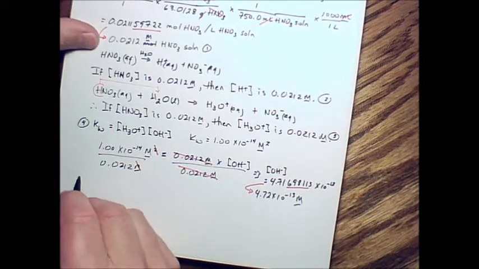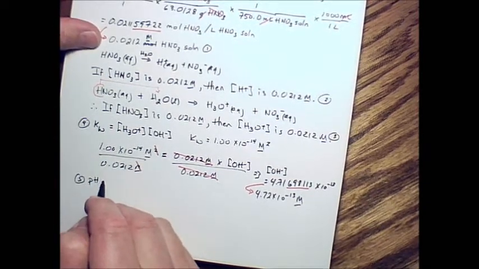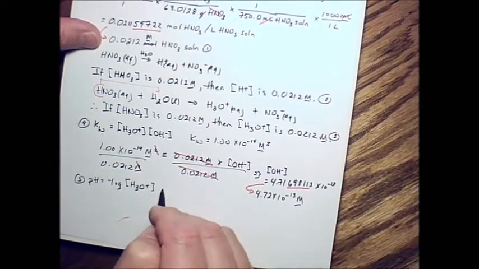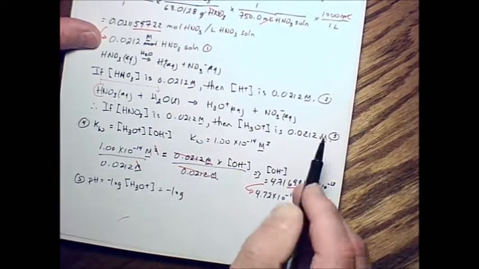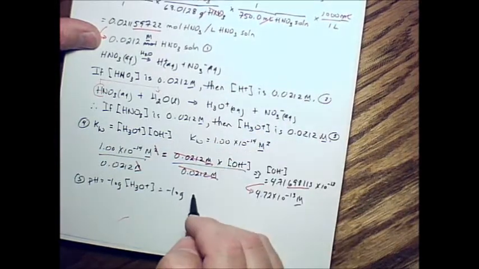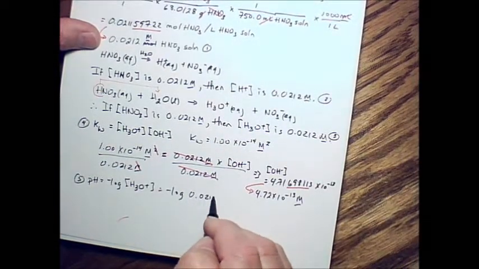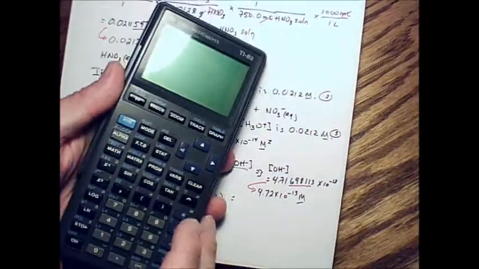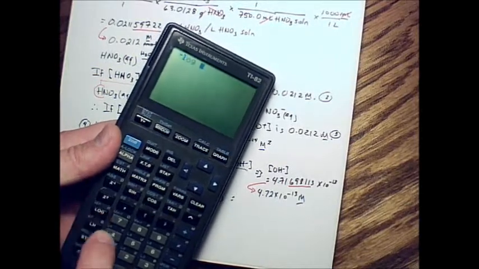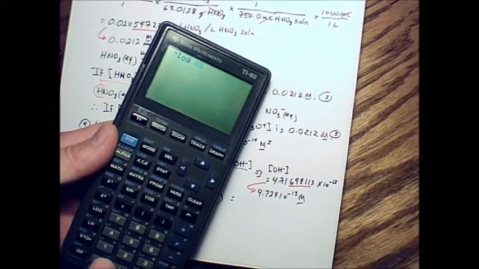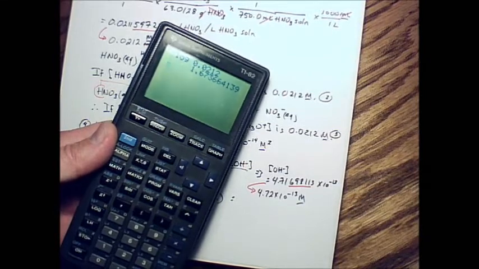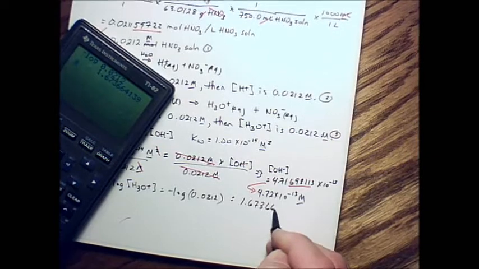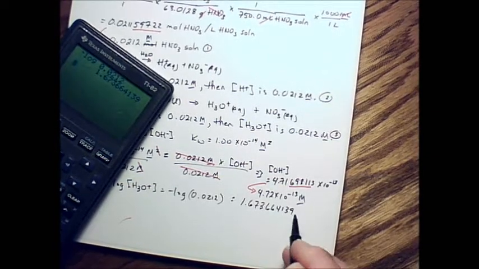pH. pH is the negative log of the hydronium ion concentration. So that's the negative log of 0.0212. So our pH is going to be 1.6736664139.